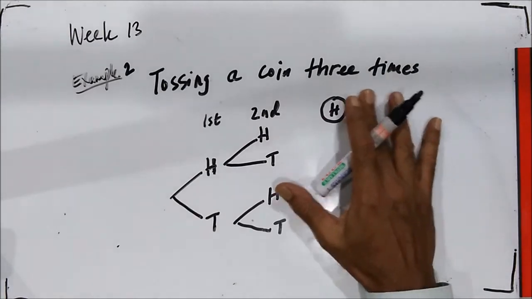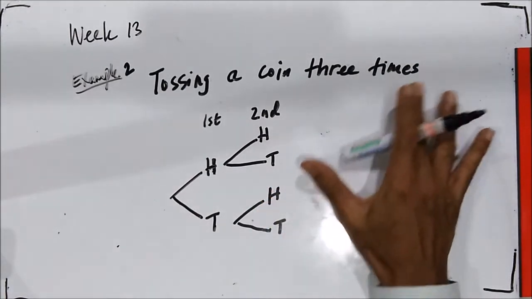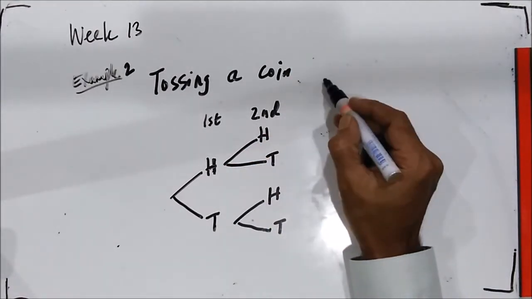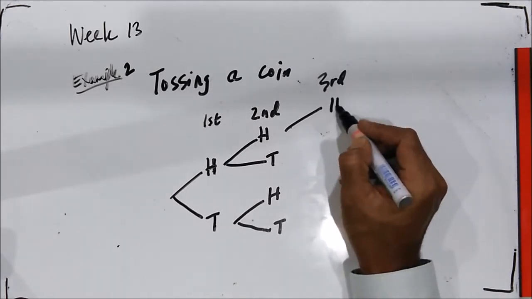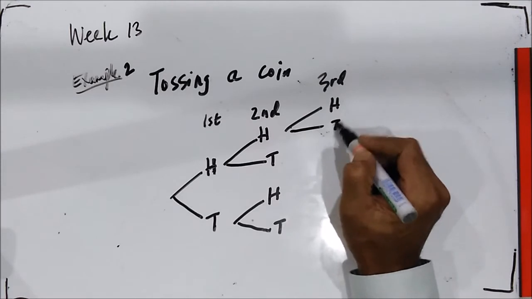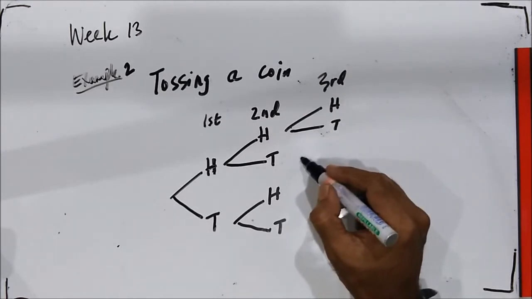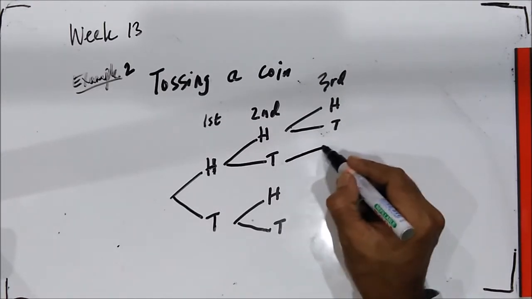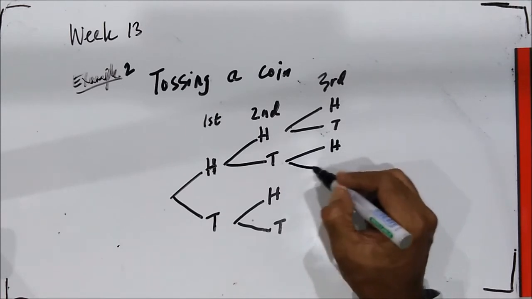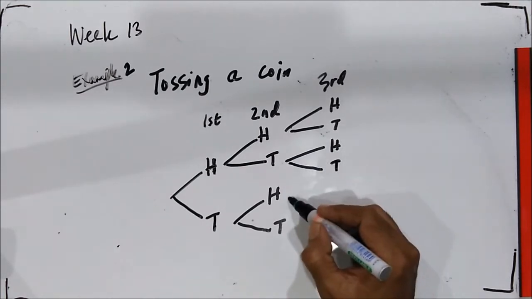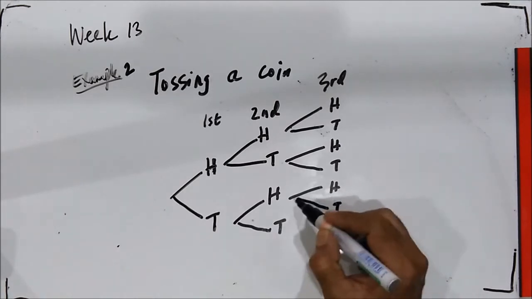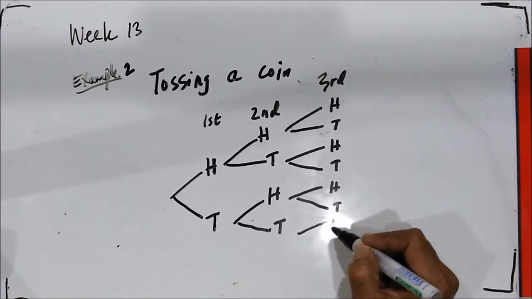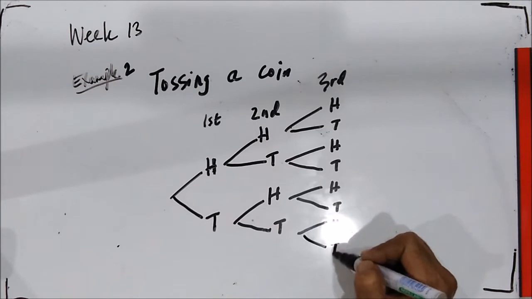And for the third toss, you can get either a head or tail here, here, here, and here.